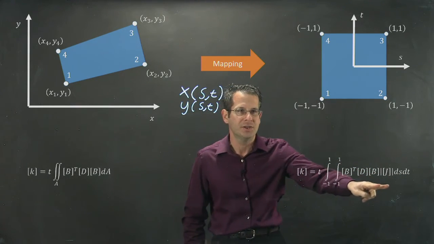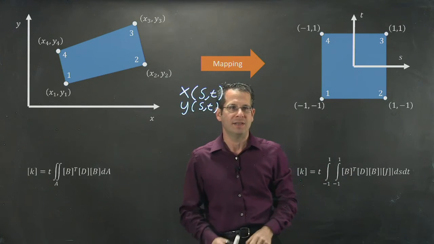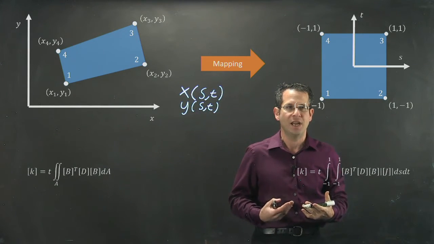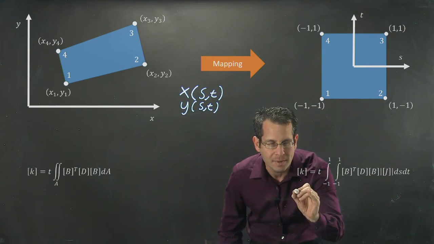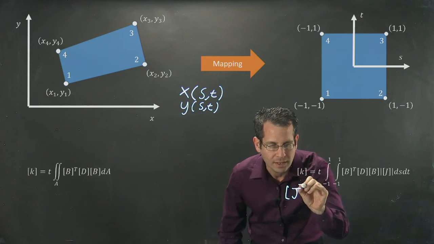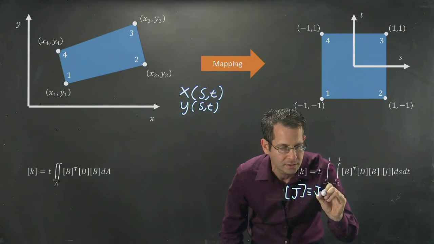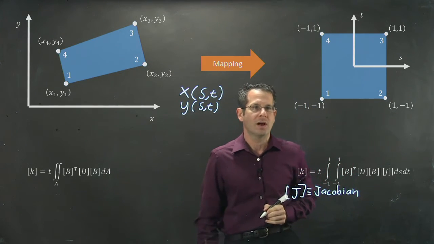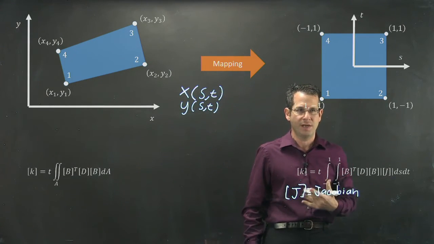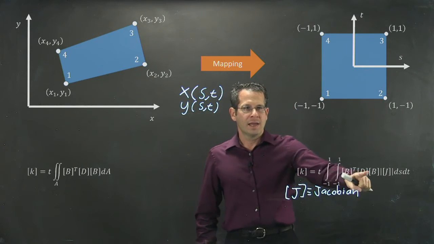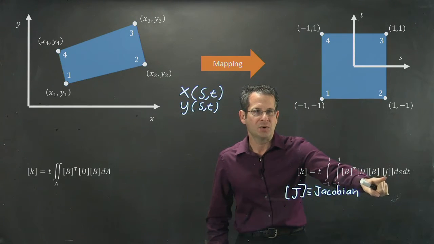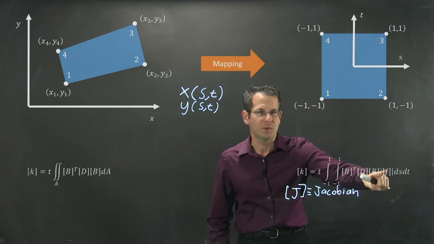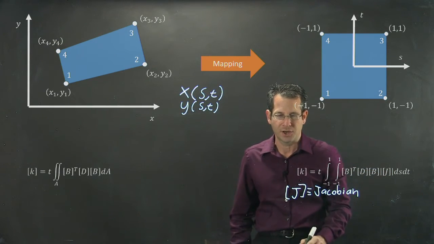I've also introduced a new matrix you haven't seen before, the so-called J matrix. Actually, the J matrix is what's called the Jacobian. And I'll explain more about the Jacobian in a future video. In this location where I have the Jacobian, I have two lines on either end of the Jacobian.